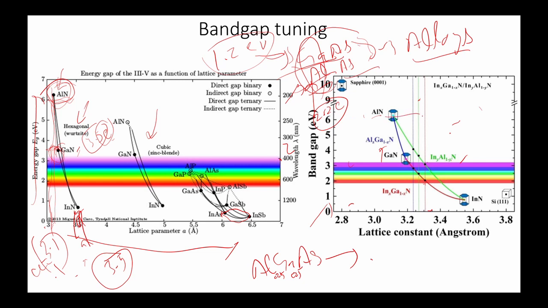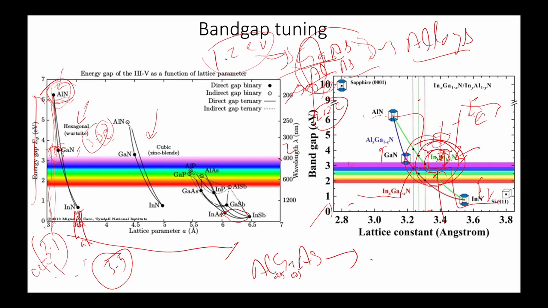So there is a quantum well, this is the semiconductor which emits the light, and this is the band gap, EC and EV.